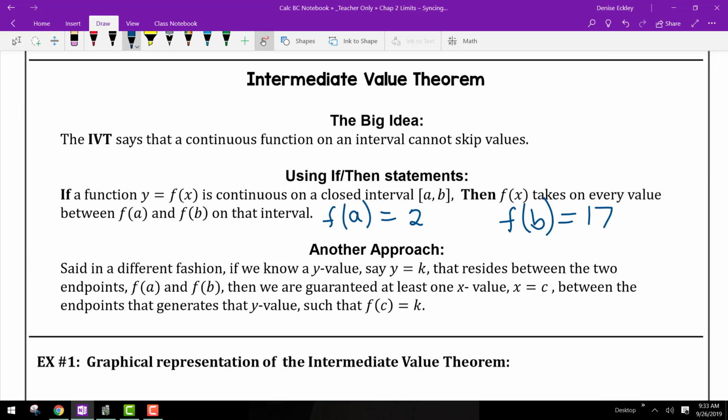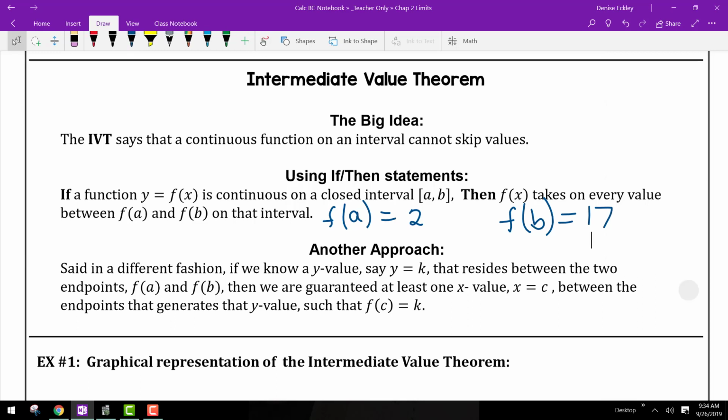There aren't any breaks, there aren't any jumps, there are no skips. So the IVT guarantees that if you're looking for an x that has a y value of 7.8, yes, it's there. So that's the whole idea behind the IVT. Even if we don't know exactly how to get that x, we know it does happen.